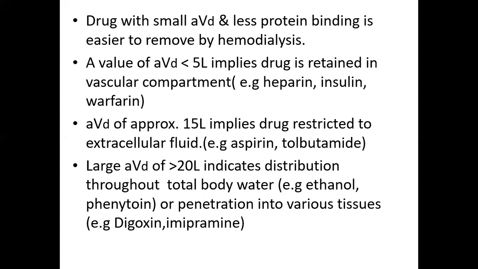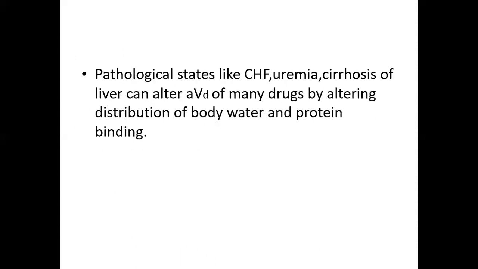A larger volume of distribution, more than 20 liters, indicates distribution throughout total body water, or penetration to various tissues. Example, ethanol, phenytoin, digoxin, imipramine. In pathological states like CHF, uremia, cirrhosis of the liver, this can alter the apparent volume of distribution of many drugs by altering distribution of body water as well as protein binding capacity.